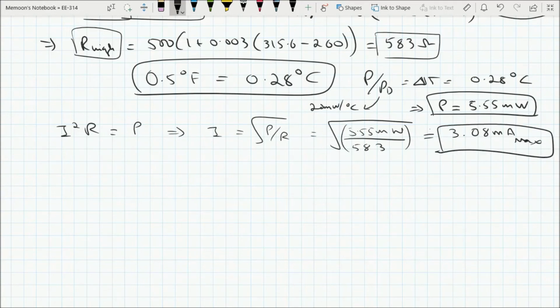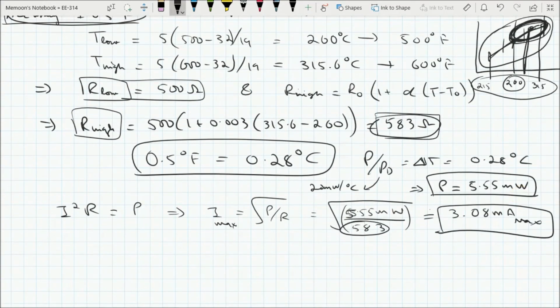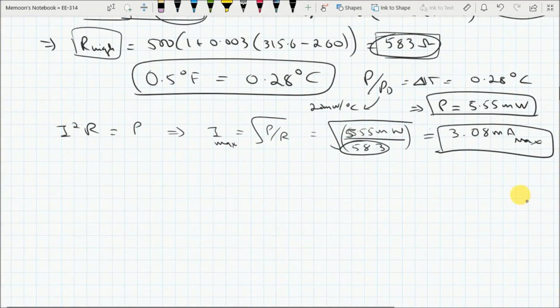Your current should not exceed this value. And if you noticed here, we took the value of resistance to be 583 ohms. That was our higher value of resistance. Our lower value of resistance was 500 ohms. So we did not take the lower value of resistance to calculate the maximum value of current, but rather we took the maximum value of resistance to find the maximum value of current. And I explained why in the beginning of this lecture.